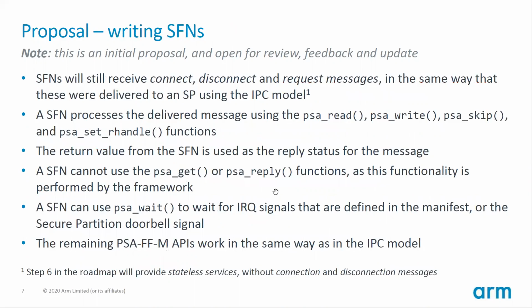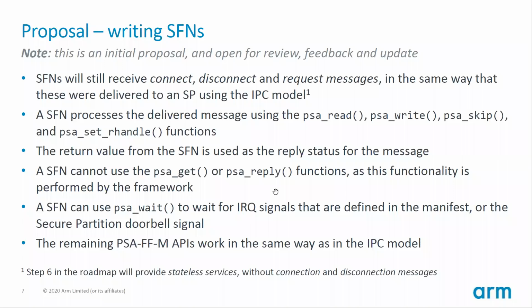So how this affects writing secure functions, as opposed to the current code where you're waiting for signals. Secure functions will still receive connect, disconnect, and request messages. Well, there's a footnote here I just said, but actually we'll be able to eliminate connection and disconnection as an option in the service. These are delivered to the secure partition in the IPC model.